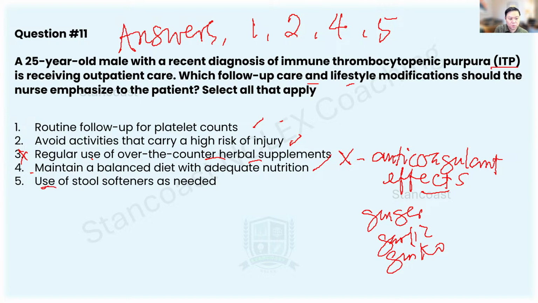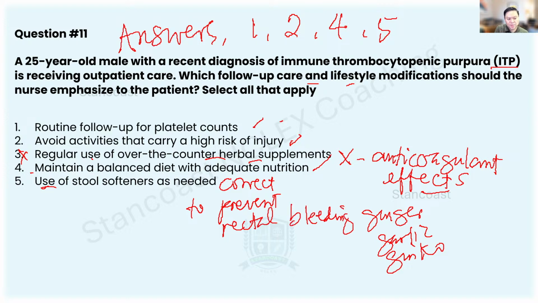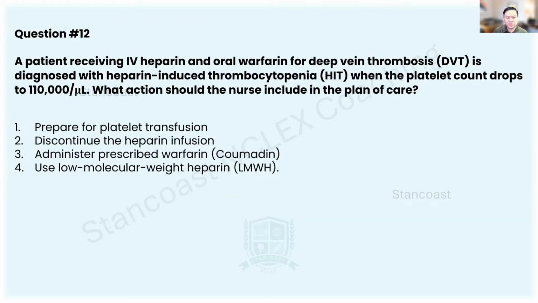This is also correct, to prevent rectal bleeding, especially for those patients that have pre-existing hemorrhoids. Yeah, we need to address that. 1, 2, 4, 5.